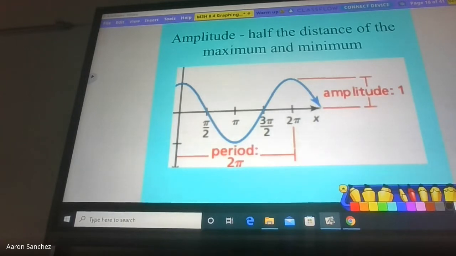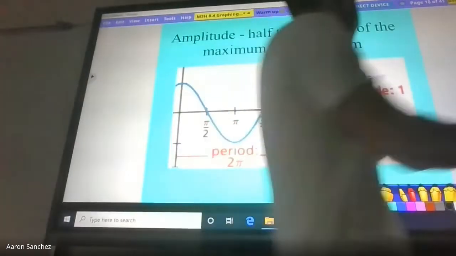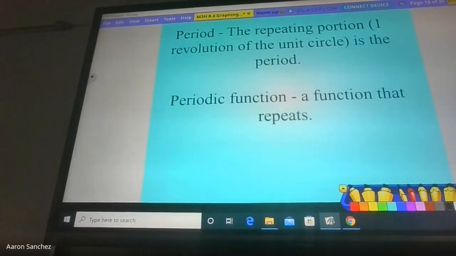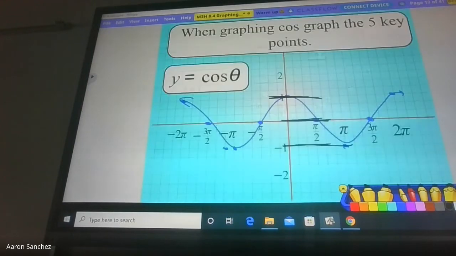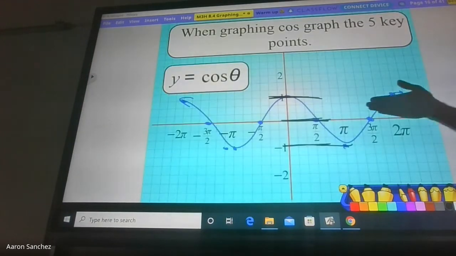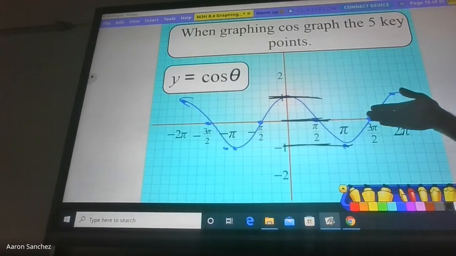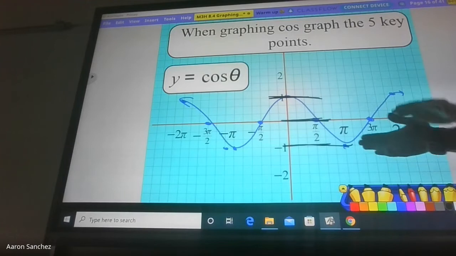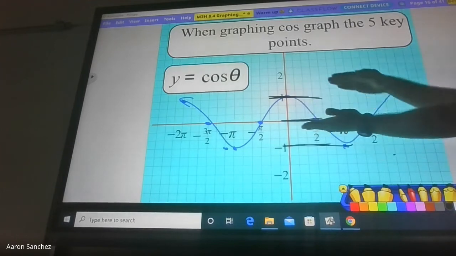Amplitude: how tall is this thing? Now, some are going to be taller than others. This one was our standard amplitude. Let's go back to the one that we graphed so you can see the numbers. What's the amplitude of this one? The minimum and maximum are here, halfway would be here.